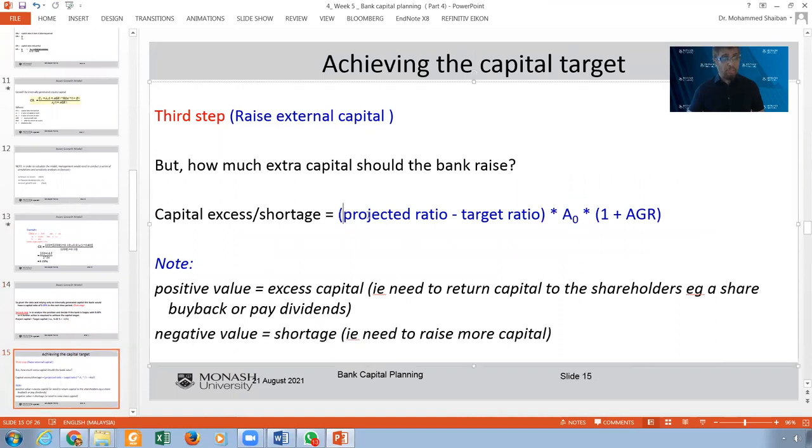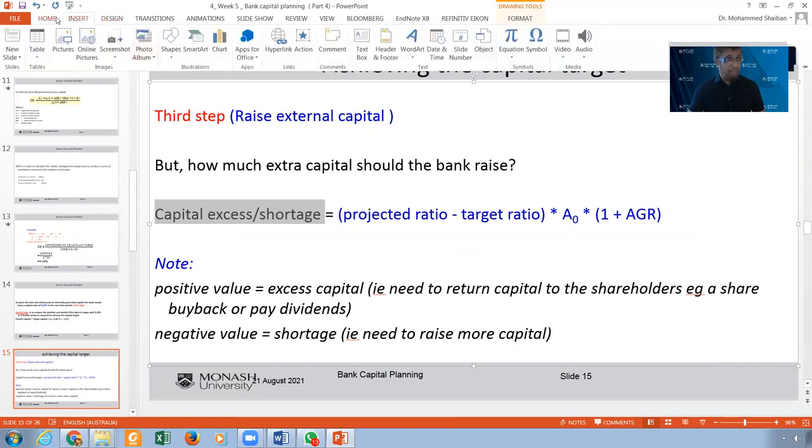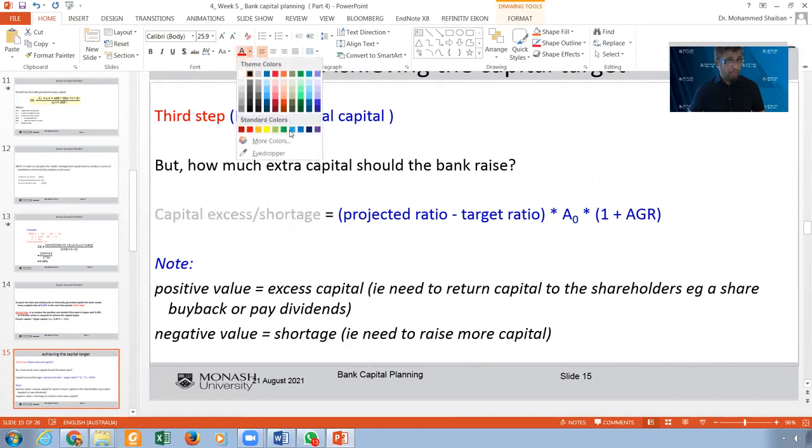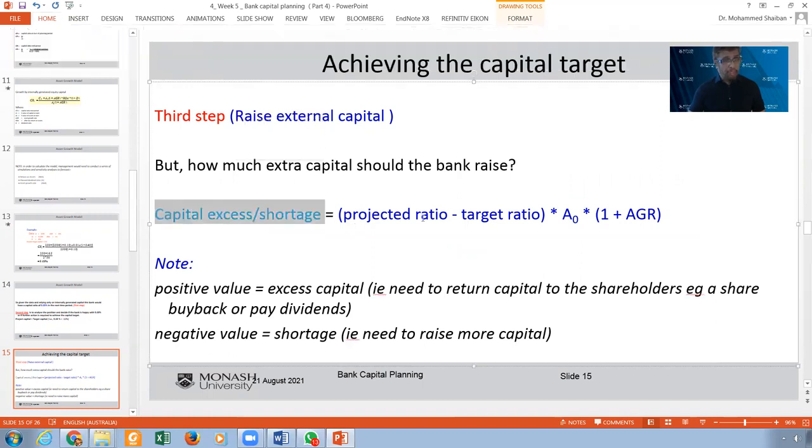And we will use this formula to calculate the capital excess or the shortage of it. And this is very important: it is the projected ratio minus the target ratio, times the asset at the beginning of the year, times 1 plus the asset growth rate.